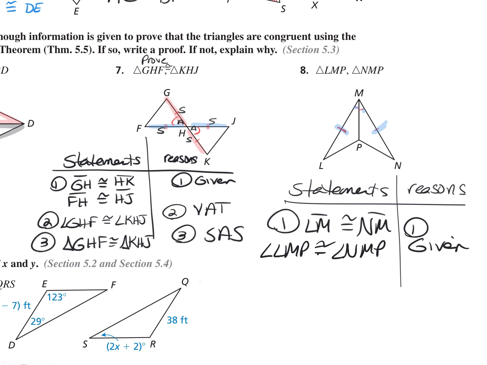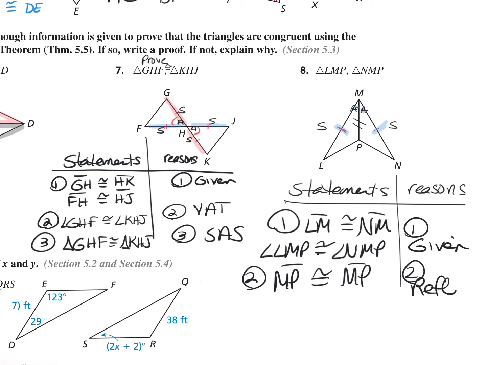So far I've marked a side and a side that match, and then the angle, I just need to find another side, and it's the one that they share. So I can now state that MP is congruent to MP, and that reason is reflexive. And now I have enough in my picture.